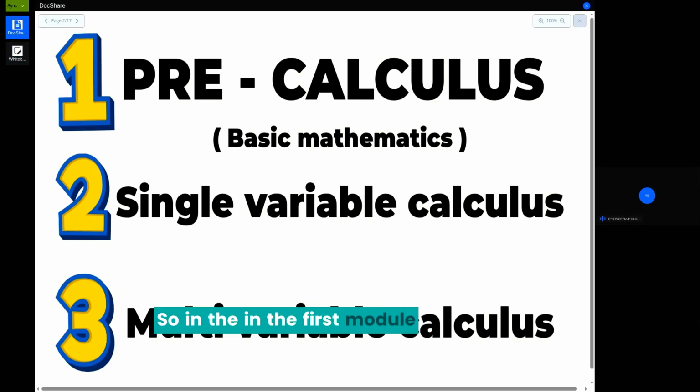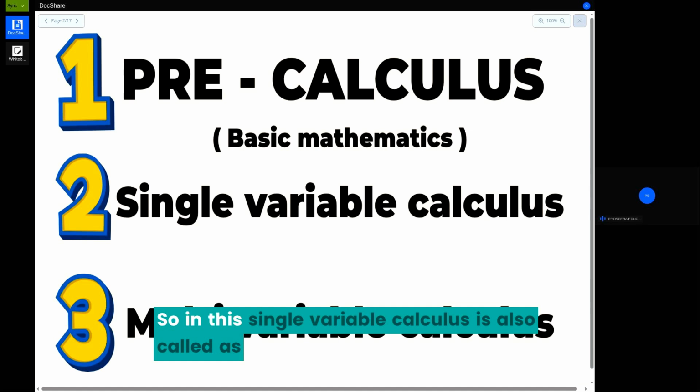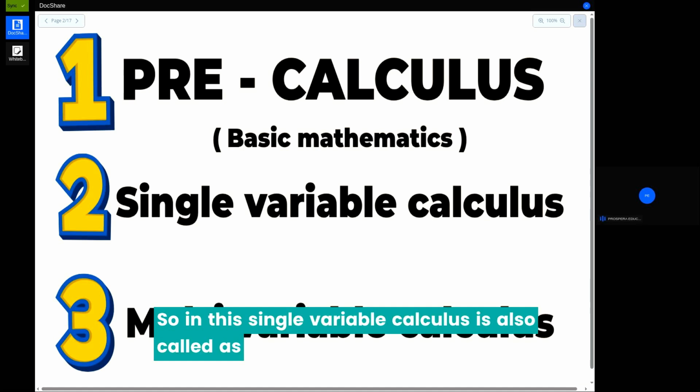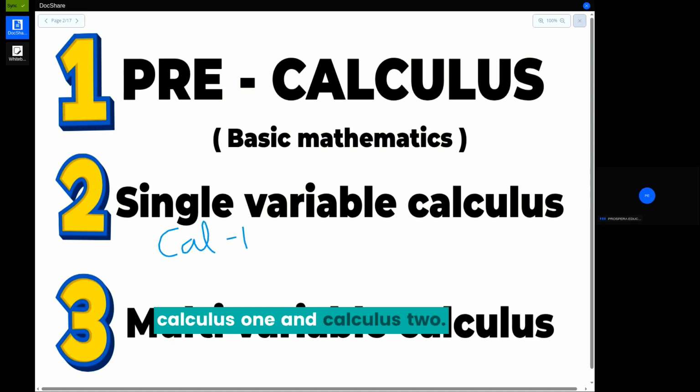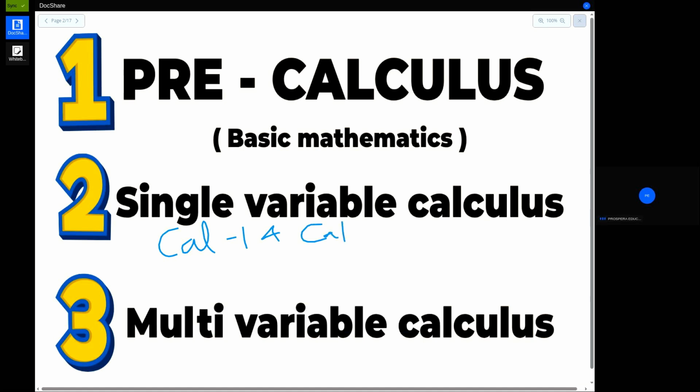So in the first module, we're going to talk about pre-calculus. Pre-calculus is nothing but some basic mathematical concepts which are useful for single variable and multivariable calculus. This single variable calculus is also called calculus 1 and calculus 2, and this multivariable calculus is called calculus 3.